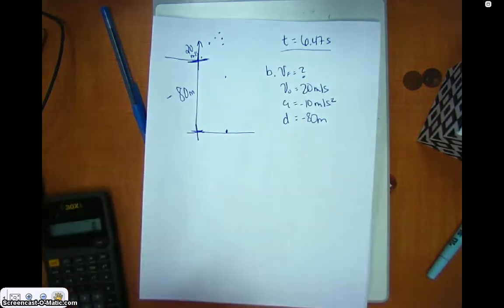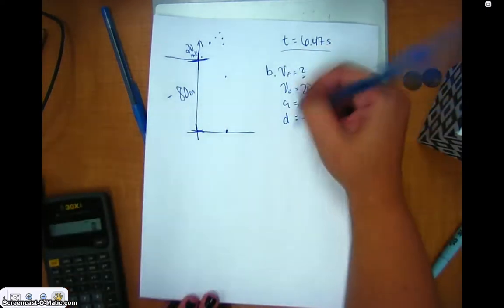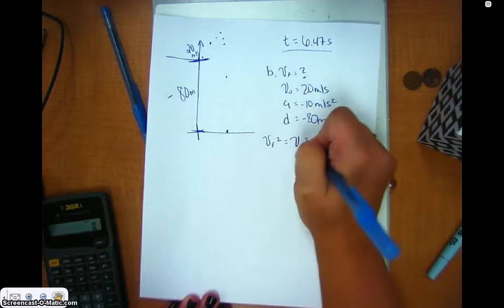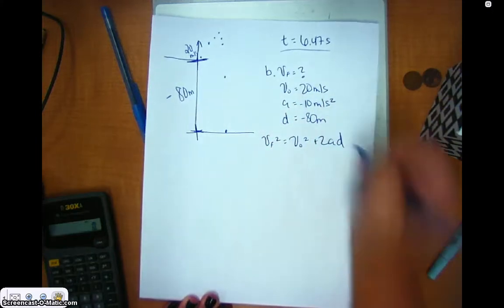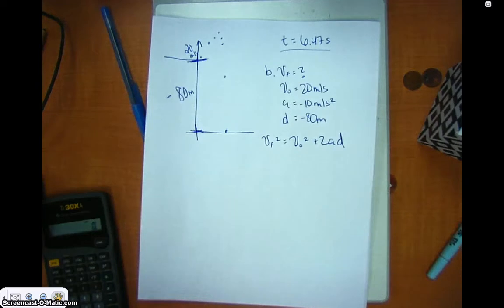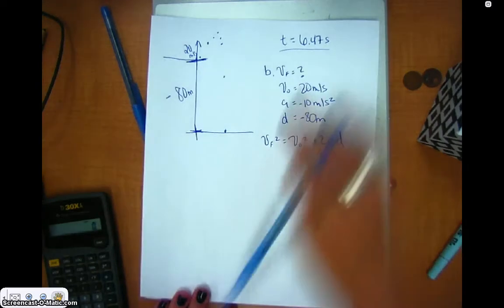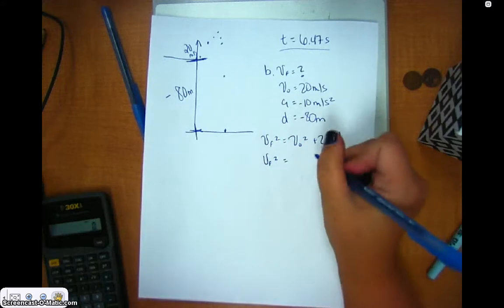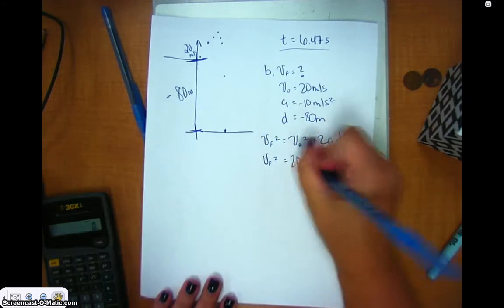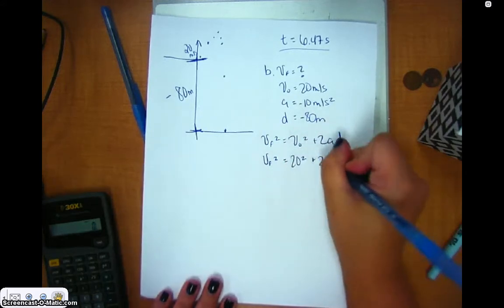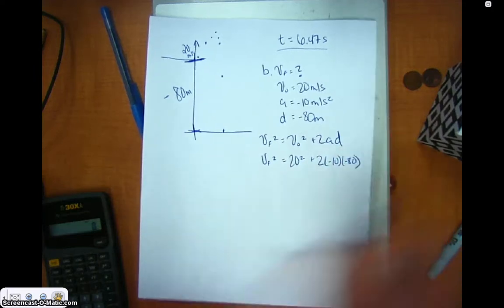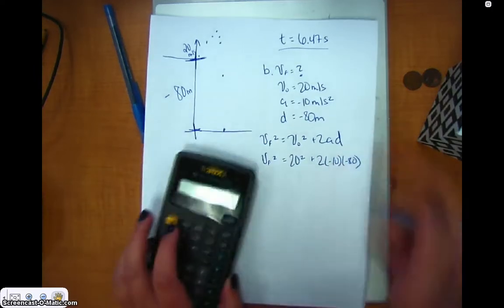Right? And so by looking at this equation, I should recognize at this point that it doesn't have time in it, so this is the equation that we can use to solve for that. And so we get V final squared, what I'm trying to solve for, is equal to V initial squared, so 20 squared, plus 2 times a negative 10 times a negative 80. So this will end up being a positive.